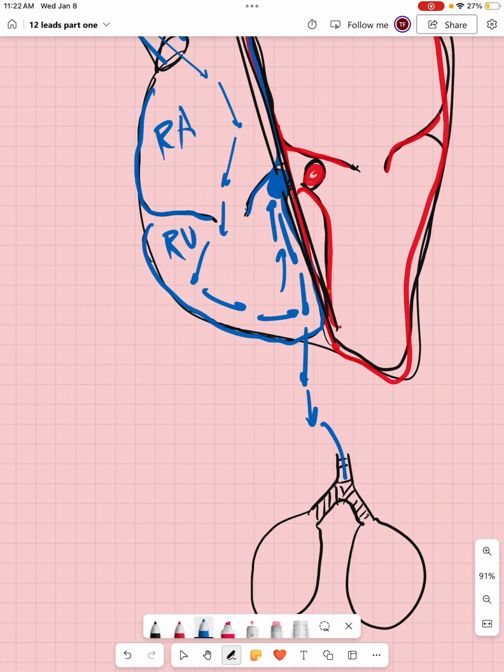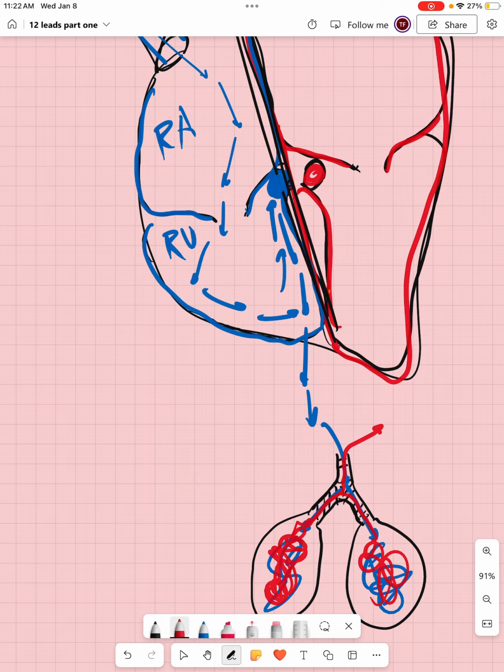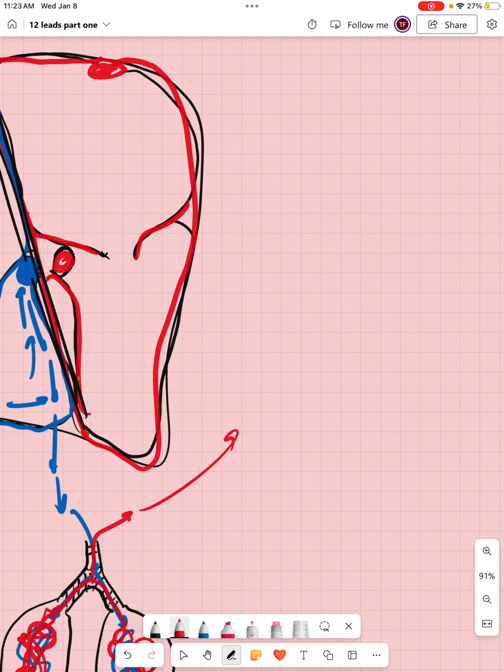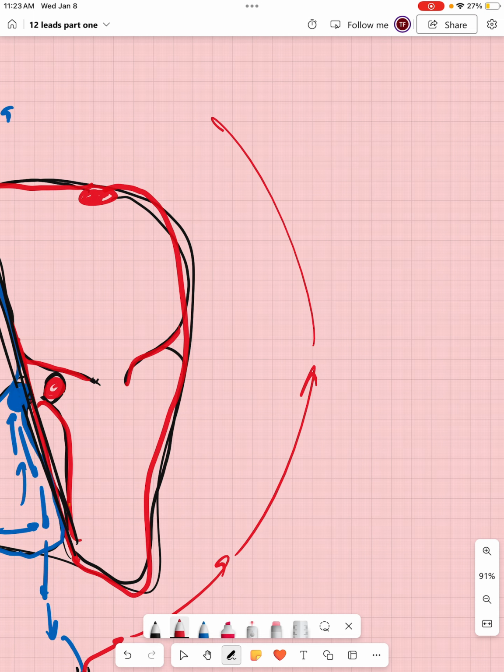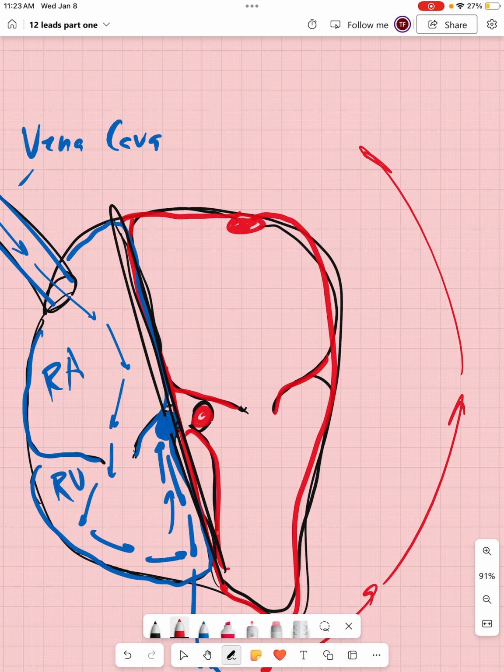And so via our pulmonary arteries, we're going to have deoxygenated blood that enters the lungs. Once in the lungs, gas exchange can take place, and oxygenated blood takes the place of that deoxygenated blood, where it is then sent back to the heart via the pulmonary veins.